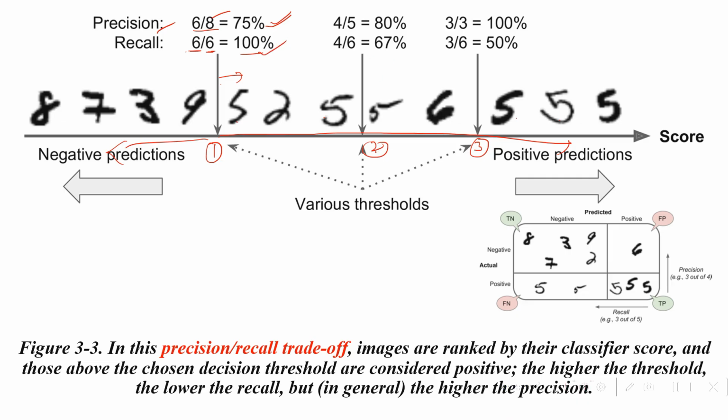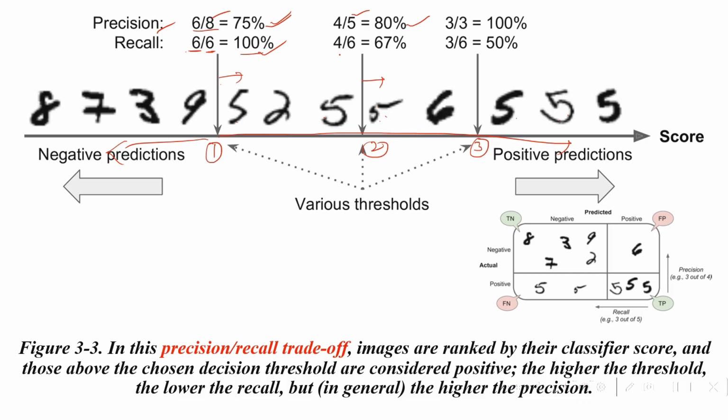Coming to the second threshold value, the precision is equal to 4 by 5. That means there are 5 elements on the right side of this threshold value, and out of those 5 elements, 4 are correctly classified as the 5 class. That is 4 by 5, which is 80%.